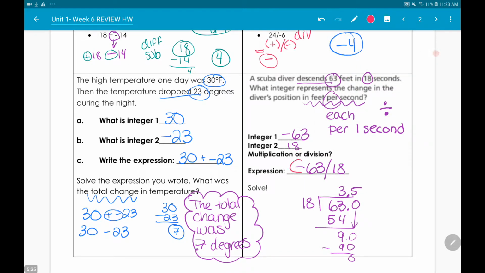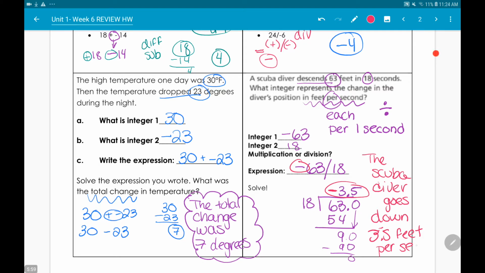And this should be a negative because it was a negative and a positive. So that means the scuba diver goes down 3.5 feet per second.